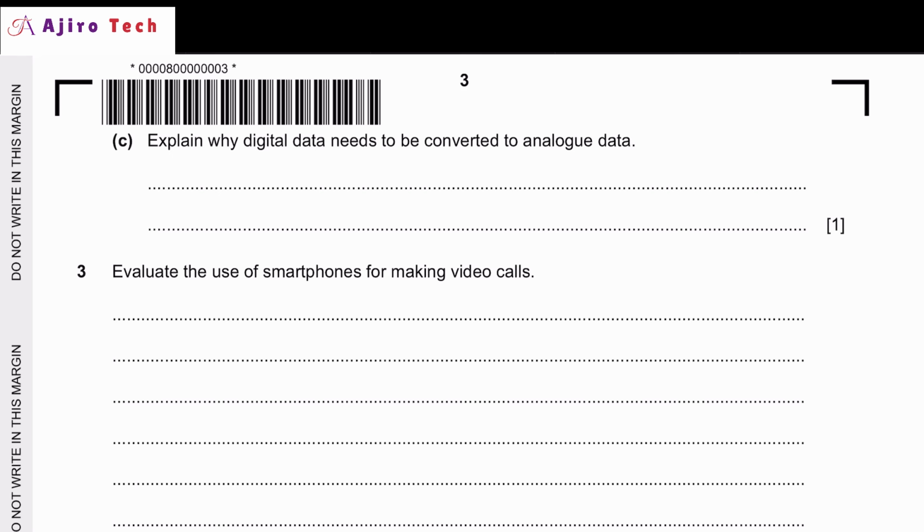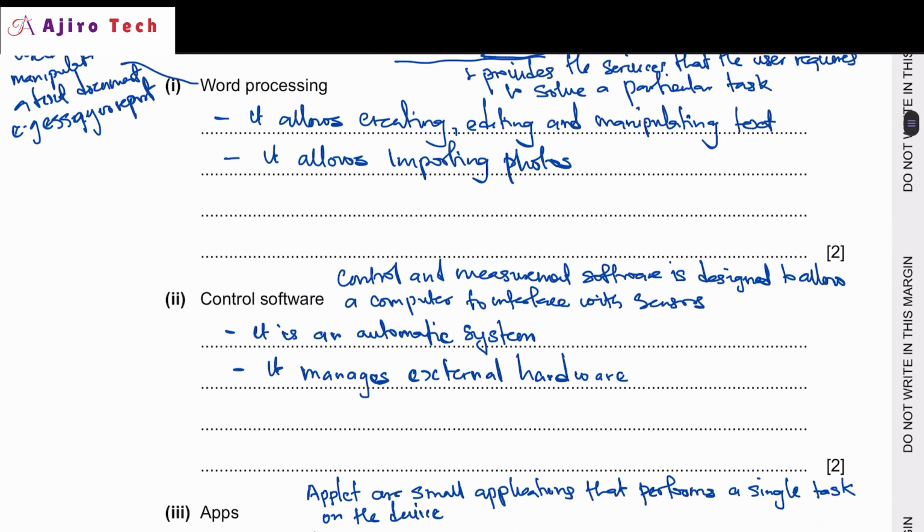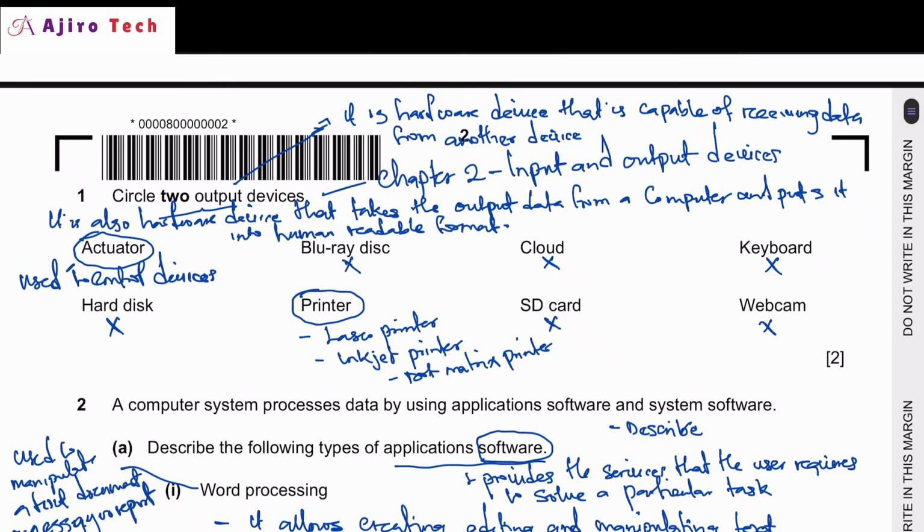Take note, that was why I explained output device. I said the hardware that is capable of receiving data, and I also talked about the fact that it can output data so that it can be readable in human form. I said it here. If you are just joining, look at it. So we can put it into human readable form.